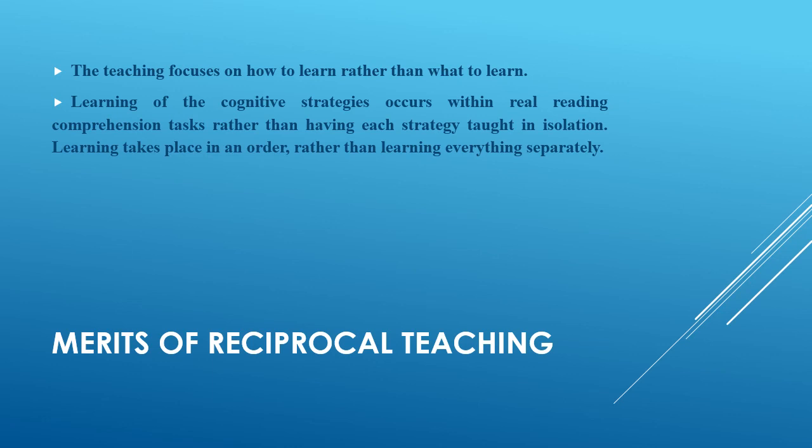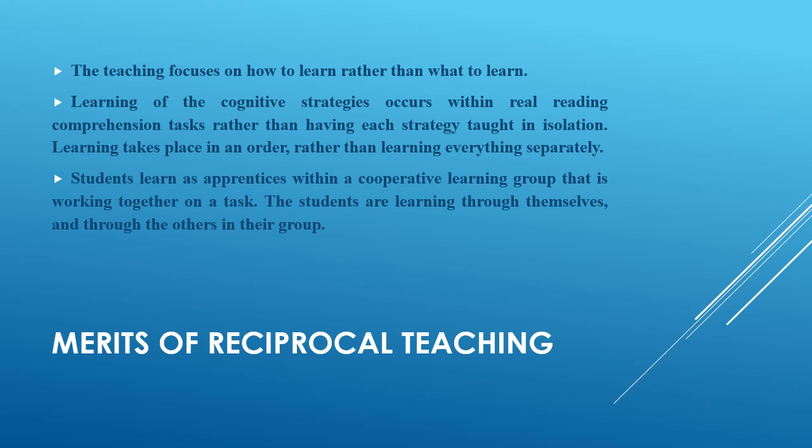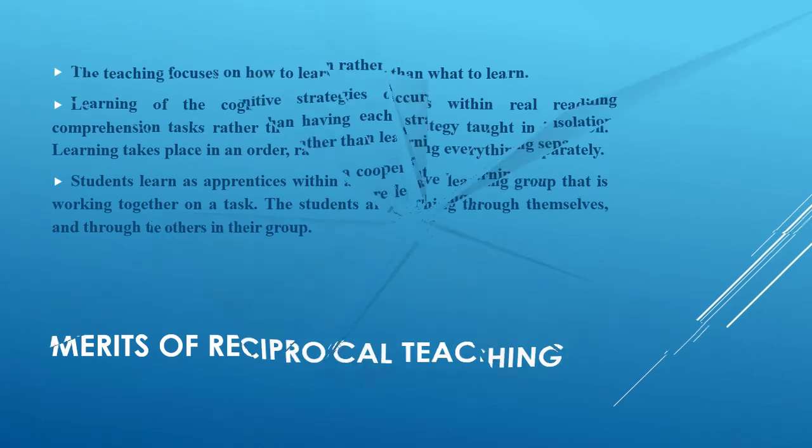Learning takes place in an order rather than learning everything separately. There is a logical sequence here. Students learn as apprentices within a cooperative learning group that is working together on a task. The students are learning through themselves and through the others in their groups.